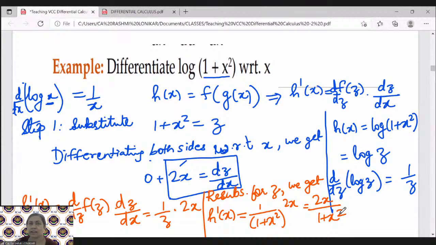Then I find h dash x, that is the differentiation of h, will be equal to d by dz of f of z into dz upon dx. Okay. So this is the type of question you may get.